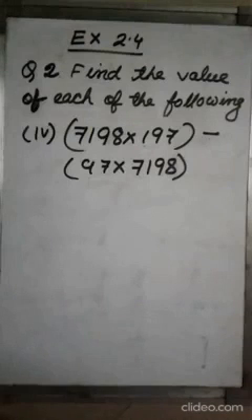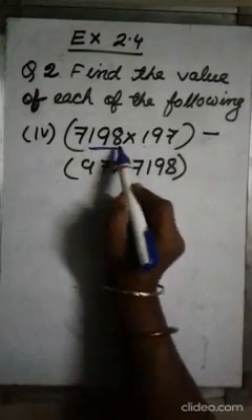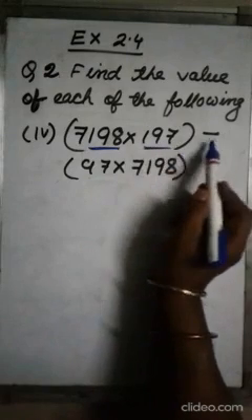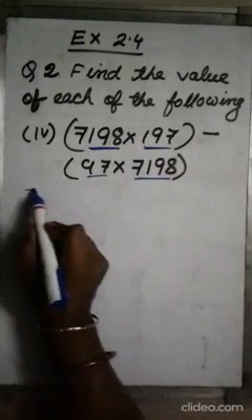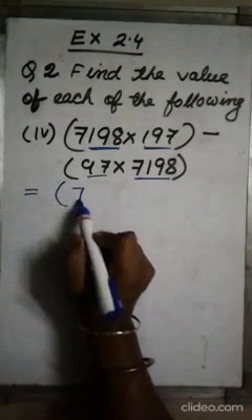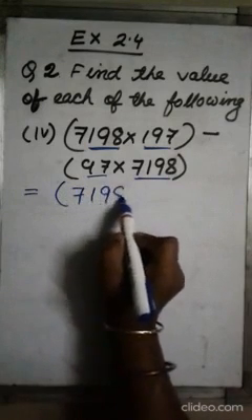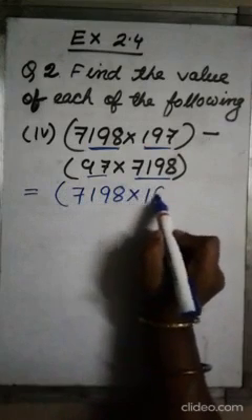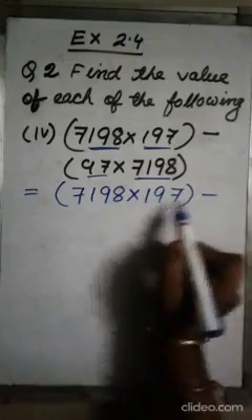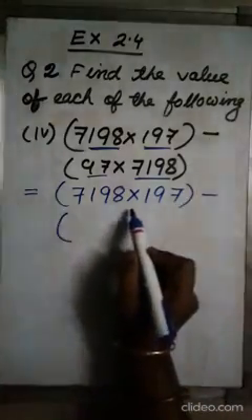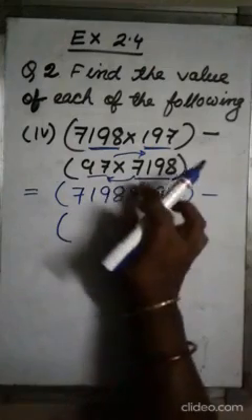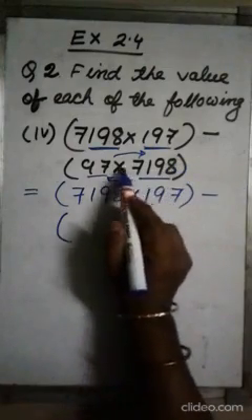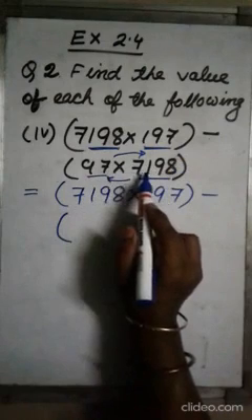I'm going to explain another example from question number 2. Number 4, 7,198 into 197 minus 97 into 7,198. I can write this as 7,198 into 197 minus, using the commutative property, I am changing the places. It will not change the value of the multiplication.